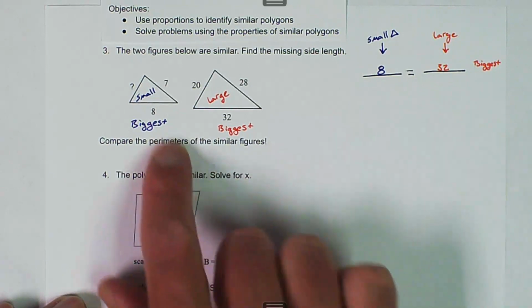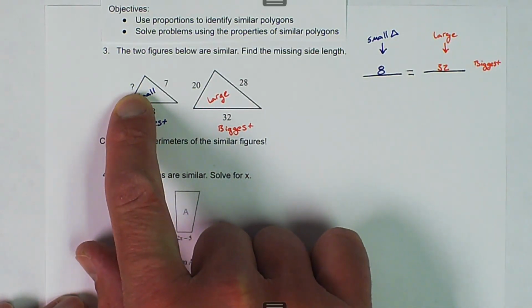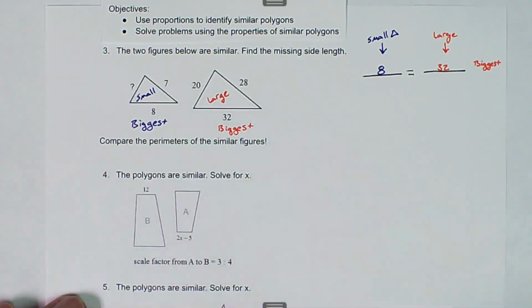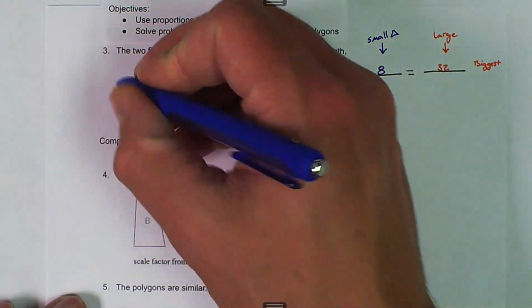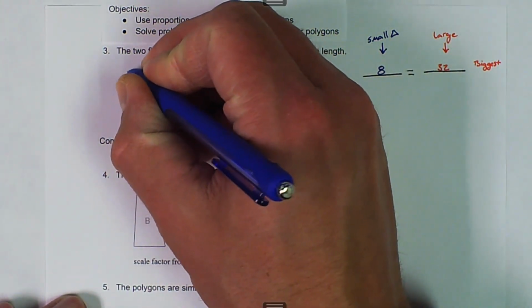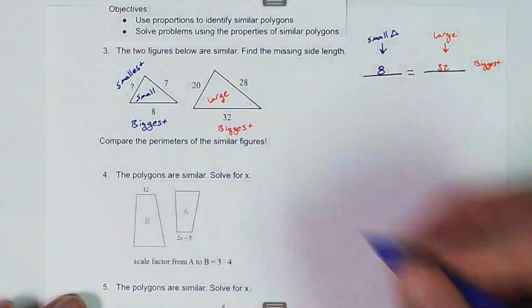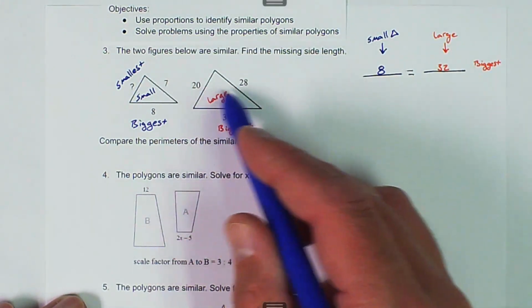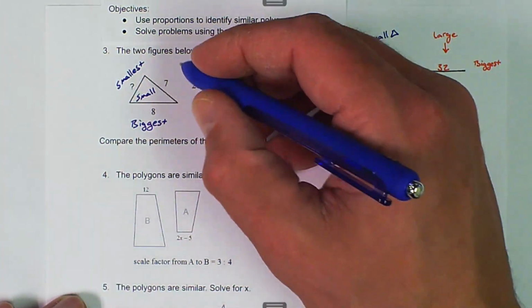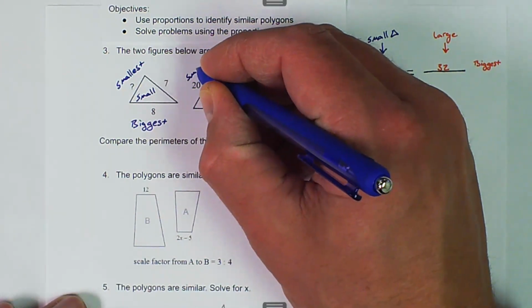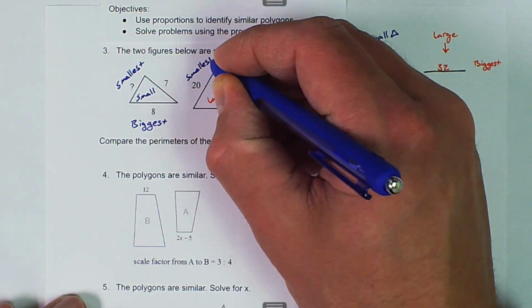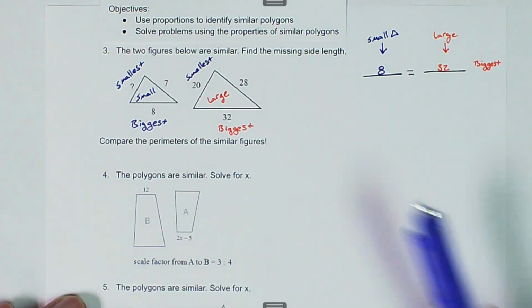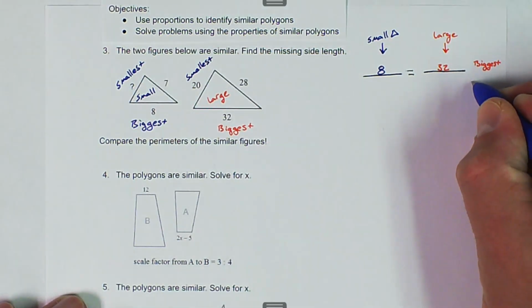And what are we going to compare that to? Well, the question mark over here is the smallest side of the triangle. And if we look at this, we have 20, 28, 32. So 20 is the smallest. And so we need to compare that.